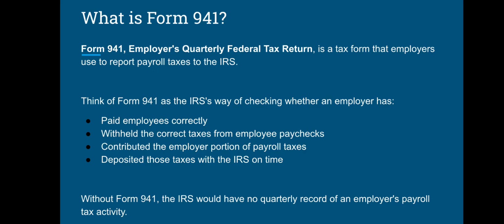Think of Form 941 as the IRS's way of checking whether an employer has paid employees correctly, withheld the correct taxes from employee paychecks, contributed the employer portion of payroll taxes, and deposited those taxes with the IRS on time or not. Without Form 941, the IRS would have no quarterly record of an employer's payroll tax activity.